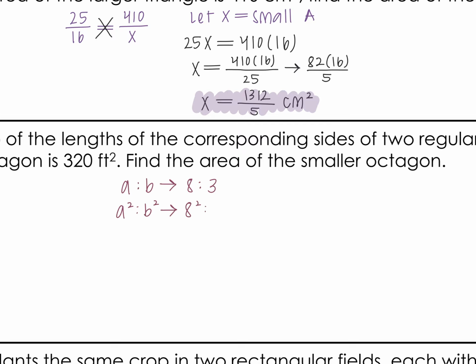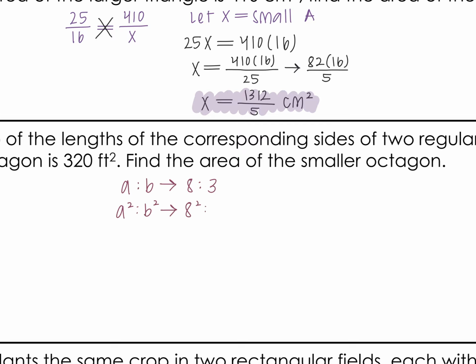So I will get 64x is equal to 9 times 320. I'm going to divide by that 64. Okay, and so here I'm going to see what I can reduce by. So I see that 320 and that 64, I know that they are both divisible by 8. So I'm going to divide them by 8 to get 9 times that.